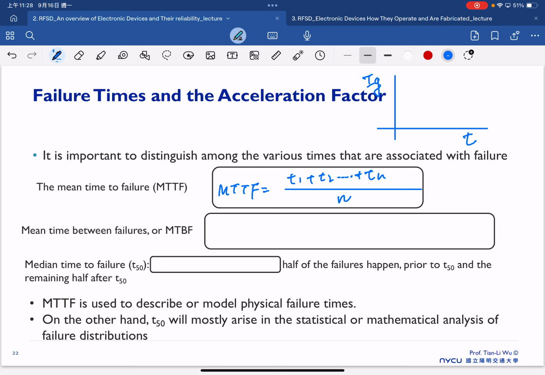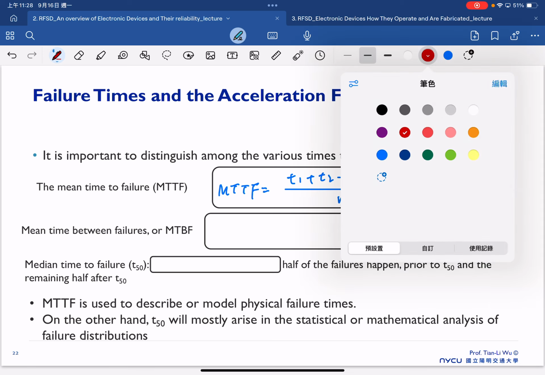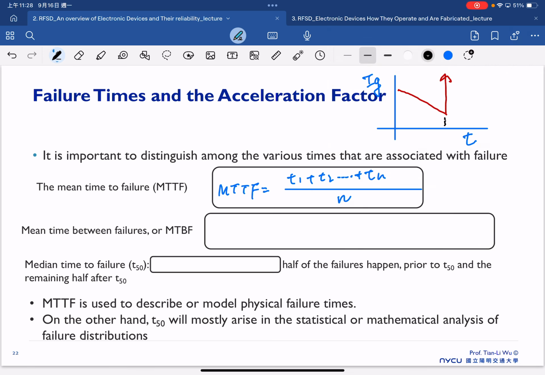So if you test one device, indeed you will see this kind of curve. Then you can define this one as T1, the first device that reached the time to breakdown.